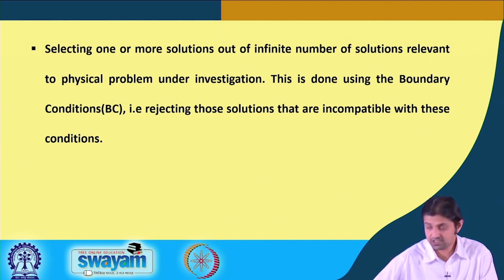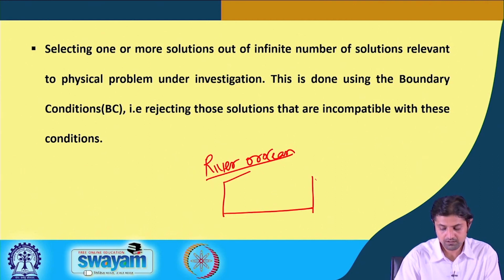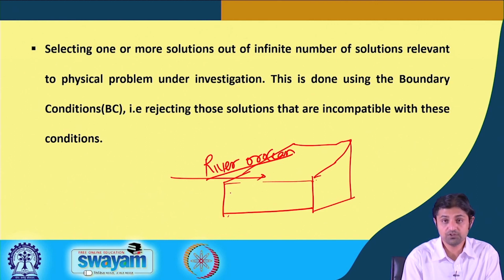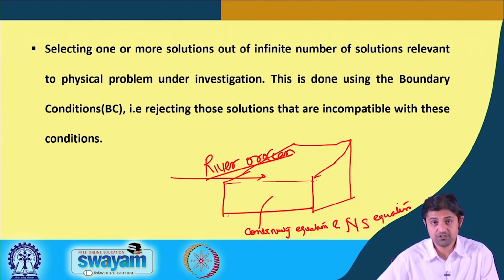A very simple example is, let us say, a river or ocean or wherever, and a part of the river or ocean, the channel, okay. So, this is something like this where the flow is coming like this. We know for sure, as we already read in our CFD class, that the continuity equation and the Navier-Stokes equation, written as the NS equation, are two such differential equations that must be valid in this domain.